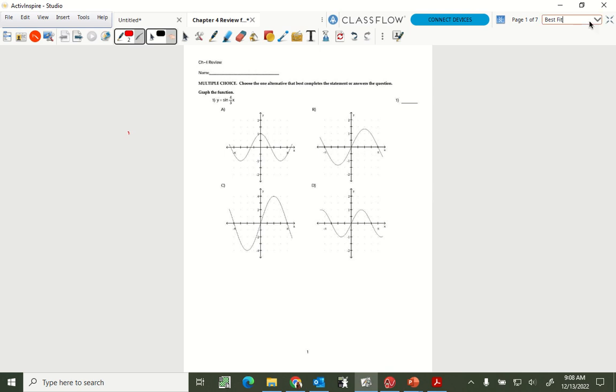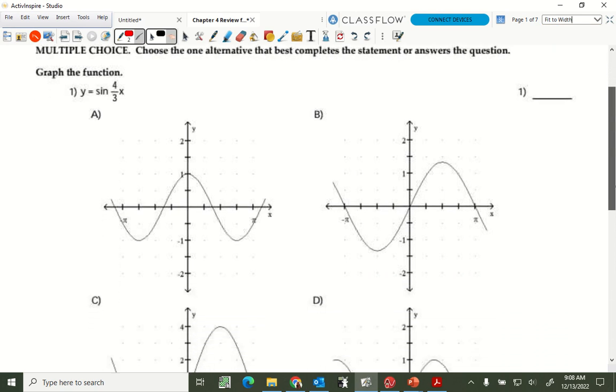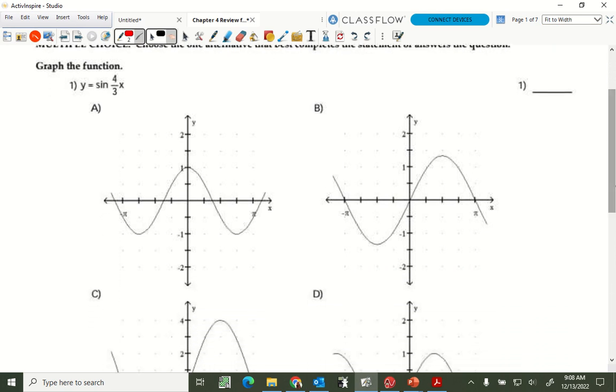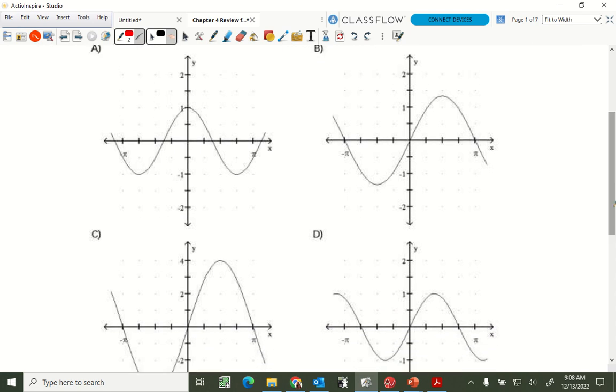No one has a problem with number 1, right? So look at the windows. If you look at each one of the graphs, what is the window going from? What is my domain?